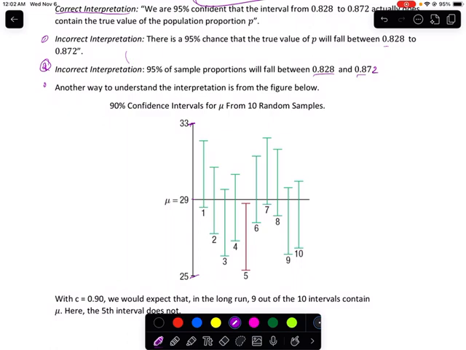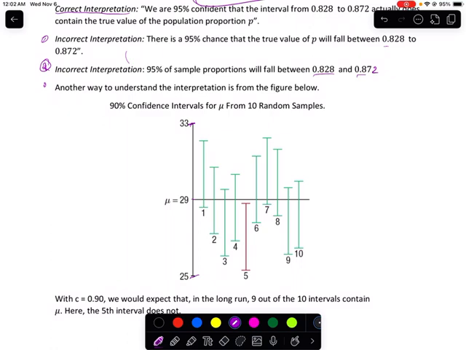these confidence intervals, and if you pick them, and let's say there were 10 of them, then at least 9 of them will show that the population mean mu lies in those 9 intervals. And we can see in the figure it is only not lying in interval number 5, which is red.